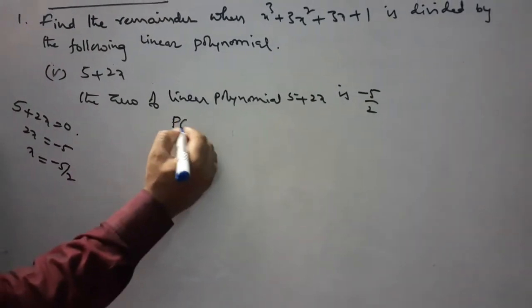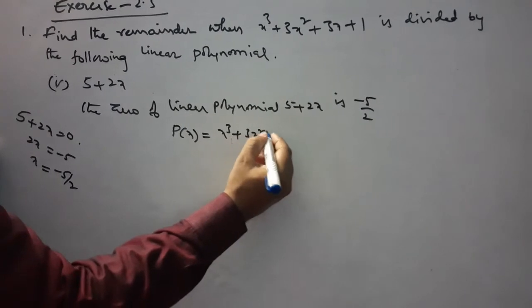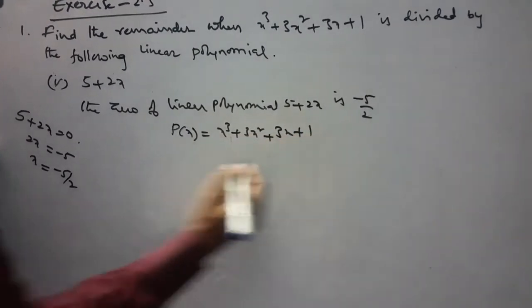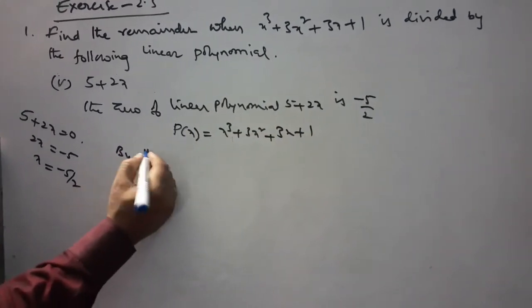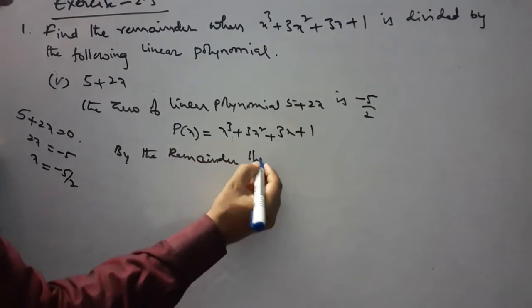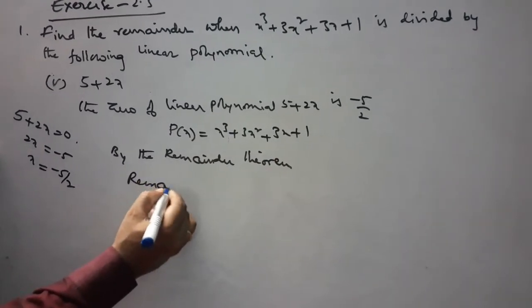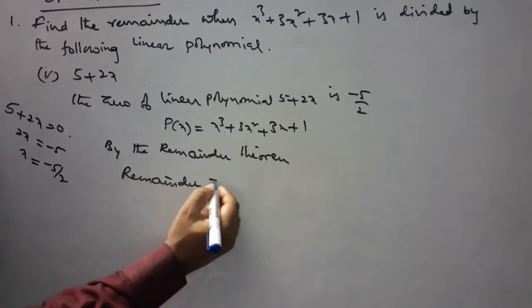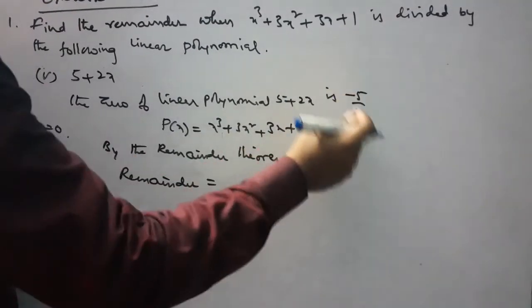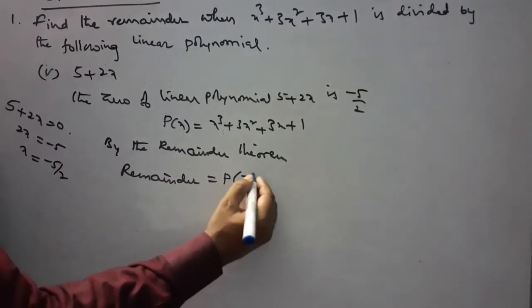So polynomial is p of x is equal to x cube plus 3x square plus 3x plus 1. By the remainder theorem, remainder is equal to p of the zero, which is minus 5 by 2.